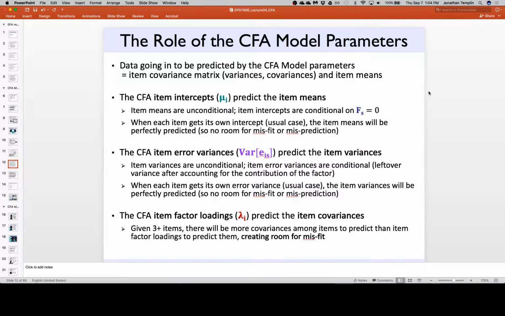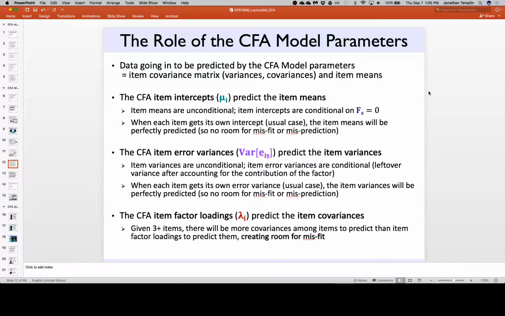The intercepts go to the mean side of it. The item error variances go to the variances of each item, and you'll note we actually recover those perfectly as well. And finally, the factor loadings predict, or recover, or imply the covariance between the items.